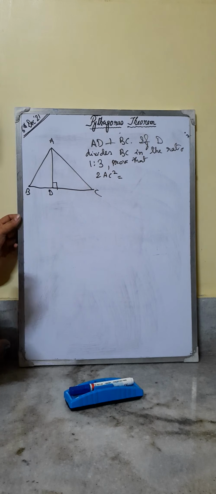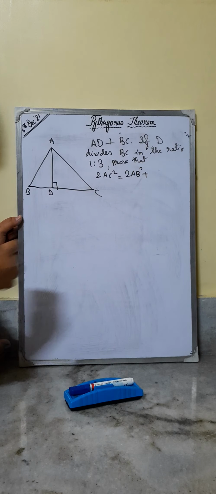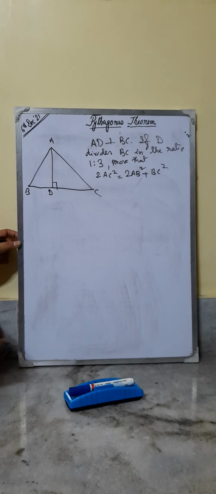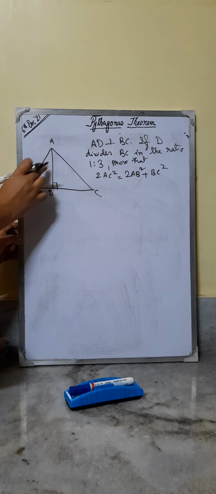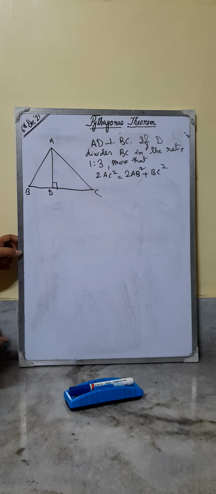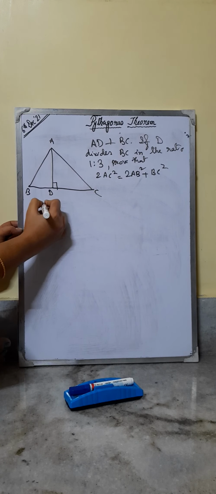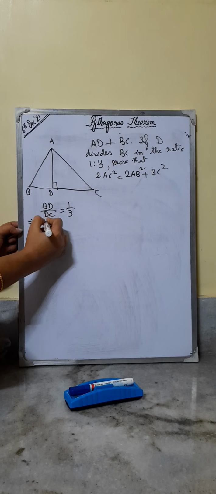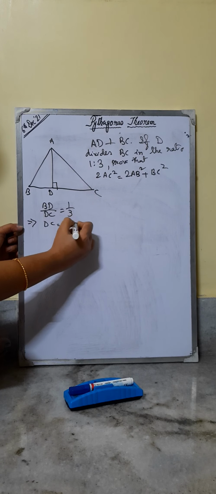2AC square equals 2AB square plus BC square. Now see, AD is perpendicular on BC, that means it makes 90 degrees. D divides BC in 1:3, that means BD by DC equals 1/3, or you can write DC equals 3BD.